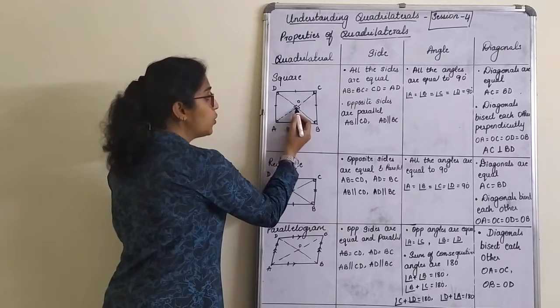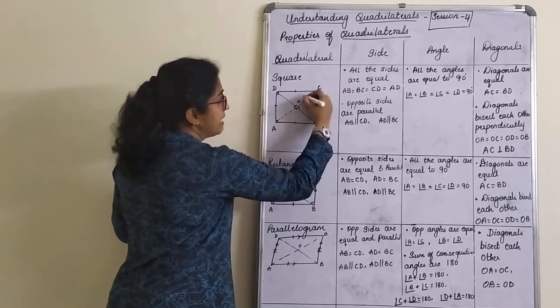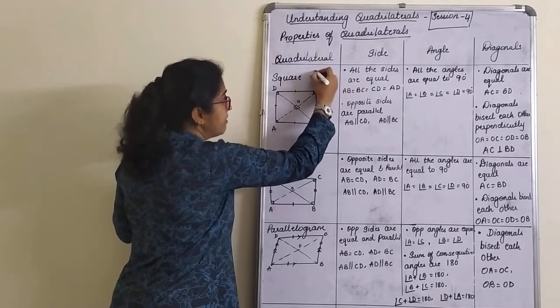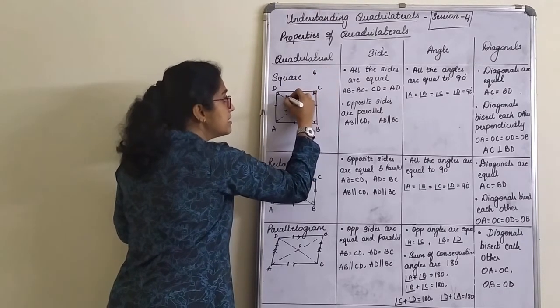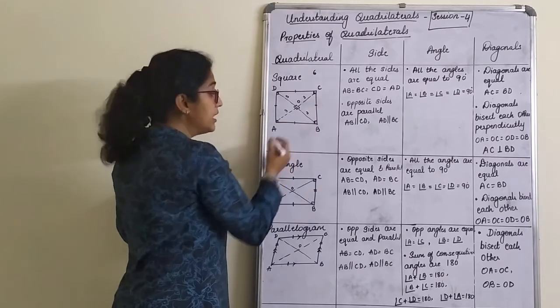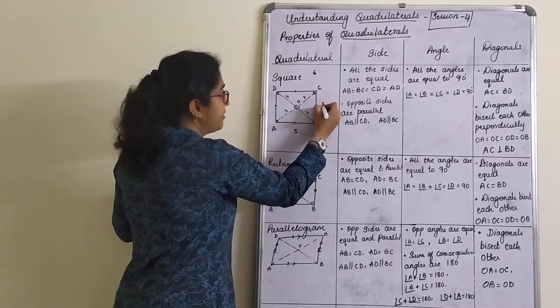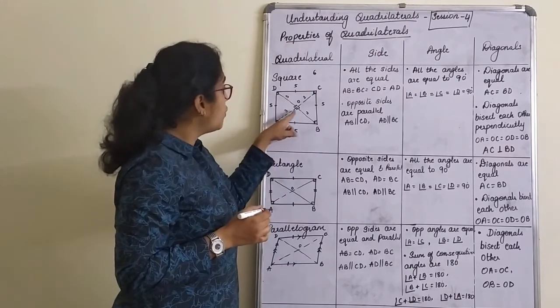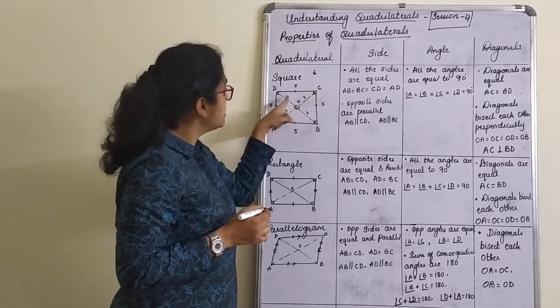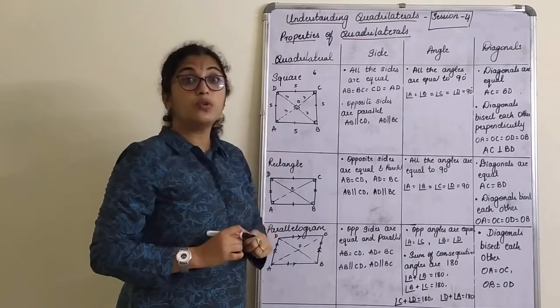So I can say, assume that diagonal is 6 cm, given sides are 5, 5, 5 and 5. That means this is 3, this is 3, this is 3 and this is 3. So I can say OA is equal to OC is equal to OD is equal to OB.